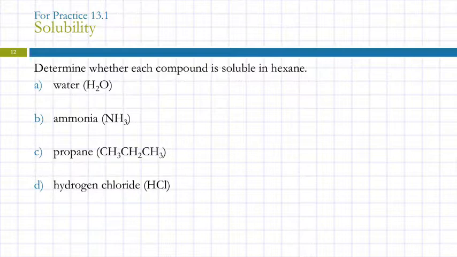Hexane, what does hex mean? 6. Penta means 5. So we have 6 carbons. And then they each need to have 4 bonds, and so the others will be made up with single bonds with hydrogens.